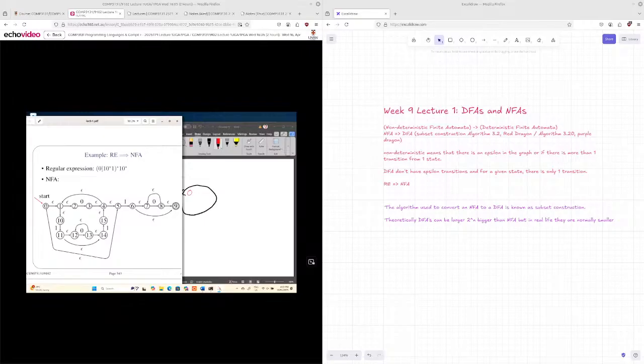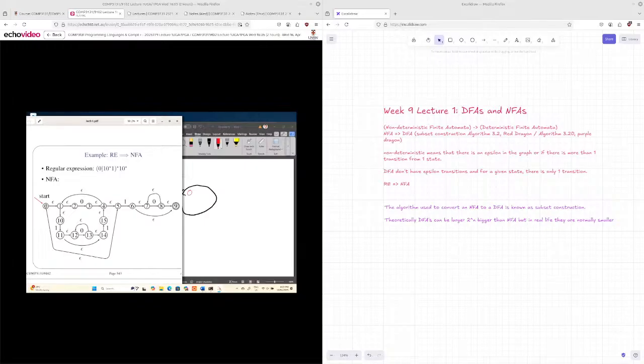For example, in the EFA, you start from 0. If you don't read any input, there will only be two symbols, 1 or 0. If the machine doesn't read anything, think about my analogy: you haven't put any coins into the vending machine. Even so, the machine can arbitrarily make moves because there are epsilon transitions.